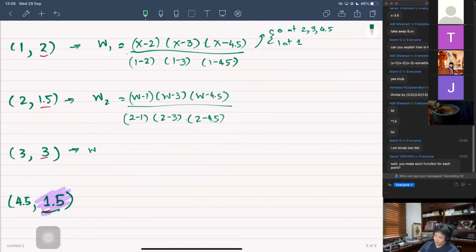And let me write this real quick. Not WX. Divide by 3 minus 1, 3 minus 2, 3 minus 4.5.